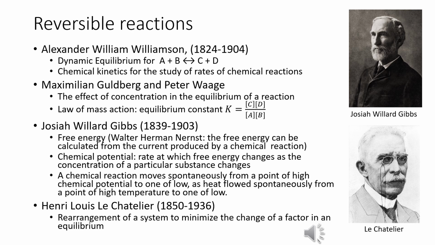In order to quantify or to develop a model to understand this process, two Norwegian chemists, Maximilian Guldberg and Peter Waage, developed what is known as the law of mass action, and they defined what we use today as the equilibrium constant.